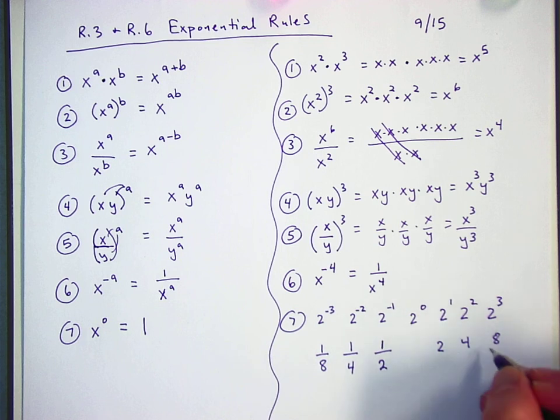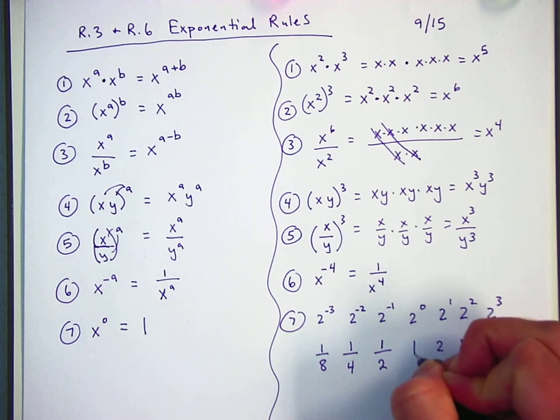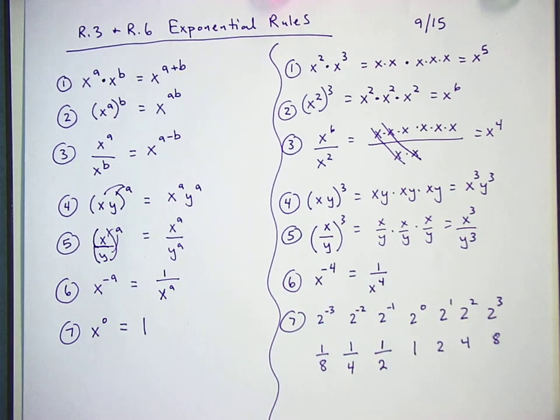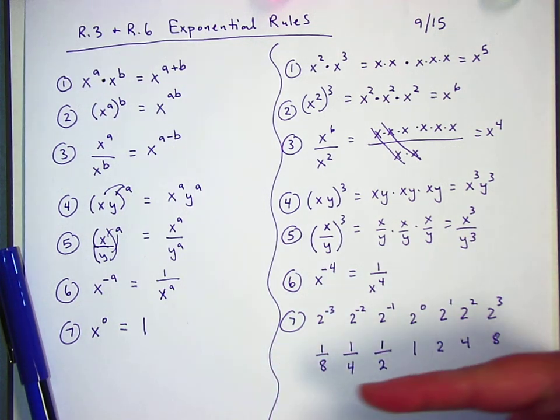What's missing? Every time you go from 2 to the third to 2 squared, we're dividing by 2. We're getting rid of another 2. So 8 divided by 2 is 4, 4 divided by 2 is 2, 2 divided by 2 is 1, 1 divided by 2 is 1/2, 1/2 divided by 2 is 1/4, 1/4 divided by 2 is 1/8. If you go this way in the pattern, you're multiplying by 2, and if you go this way, you're dividing by 2.